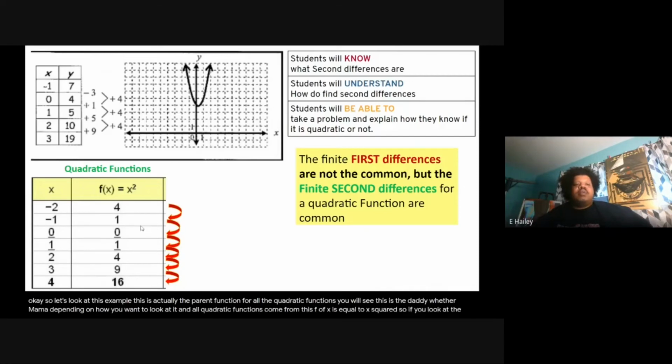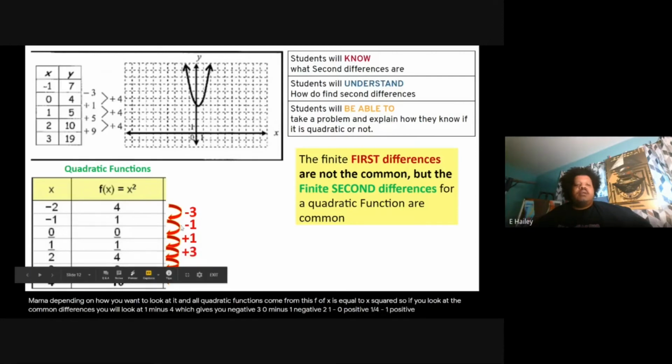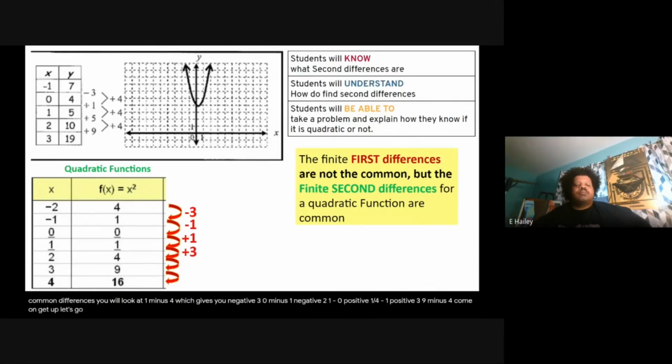So if you look at the common differences, you will look at 1 minus 4, which gives you -3, 0 minus 1, -1, 1 minus 0, +1, 4 minus 1, +3, 9 minus 4, +5, 16 minus 9, that is +7.